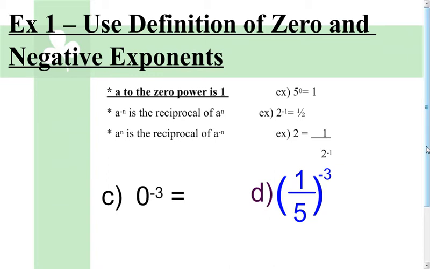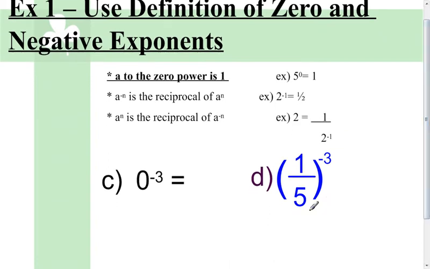I would like you to try these two problems, letters C and D. You're going to try to write both of these with only positive powers. I'll give you about a 15-second head start, and then I'm going to start working through the problem as well.